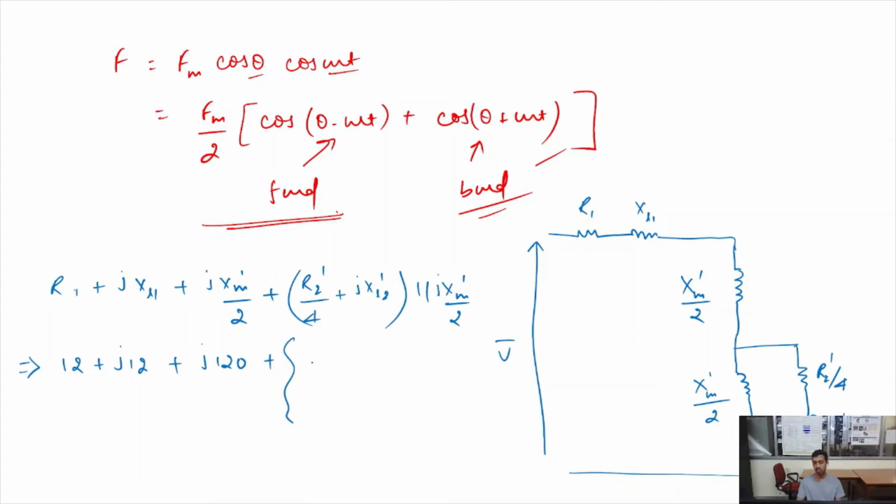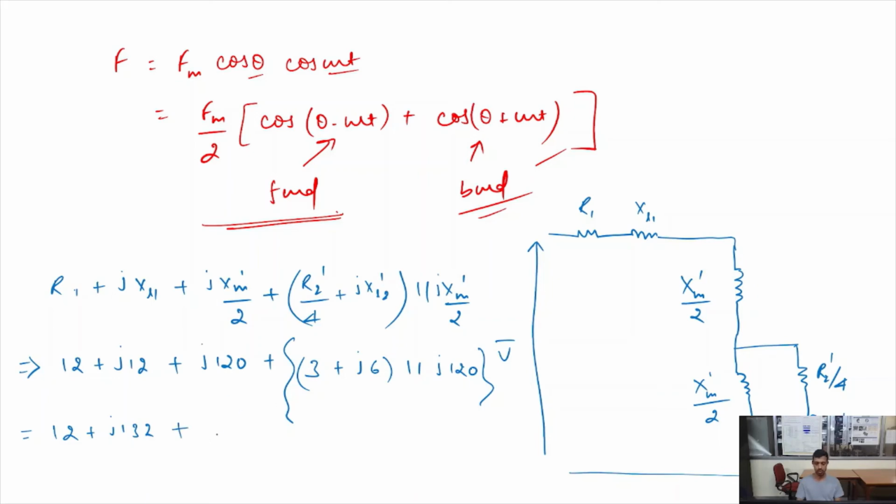So R2 dash by 4 is 3 plus jXL2 dash by 2, which is 6, in parallel with jXm dash by 2, which is 120. So further, if we solve, this would be 12 plus j132.